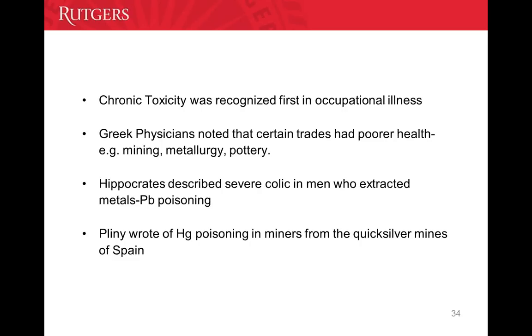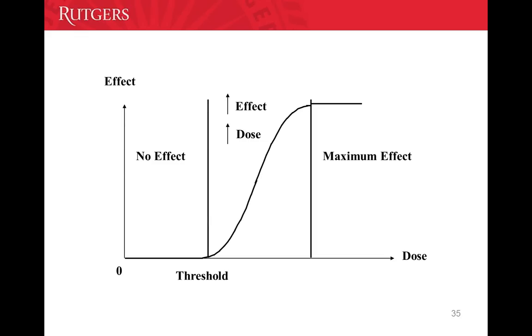Hippocrates described severe colic in people who extracted metals, and what Hippocrates was really describing, of course, was lead poisoning. Pliny the Elder wrote about mercury poisoning in miners from quicksilver mines in Spain. So the occupational physicians, looking at people with really difficult, hard jobs many years ago, were the first people to describe the phenomenon of chronic toxicity, as it related to occupational illness. The dose-response curves vary.